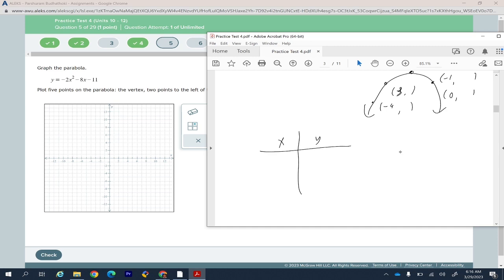If the x coordinate is negative 3, the y coordinate would be, plug the value of x, negative 3, here and do the calculation.